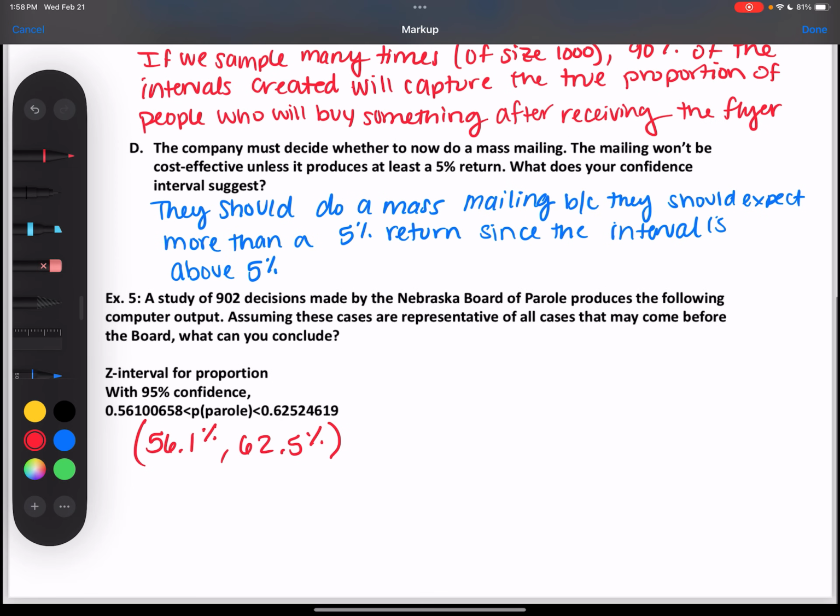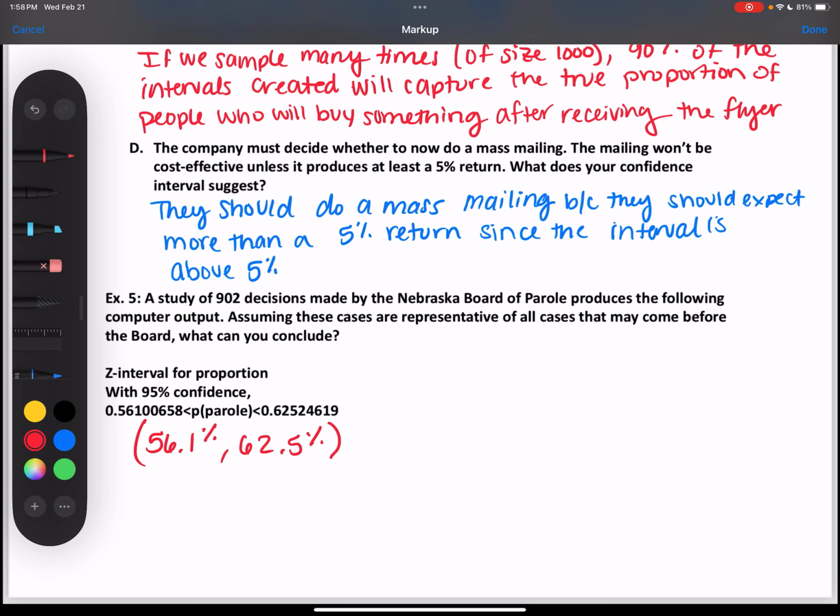So how do you think we would write this conclusion? Would it be kind of like the explain what this interval means question? Yes.